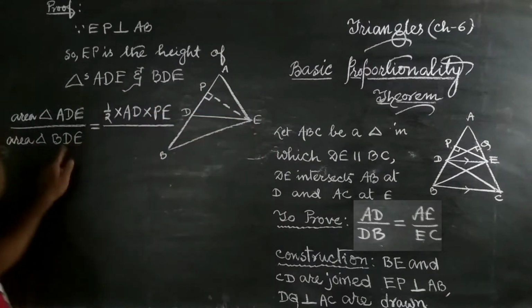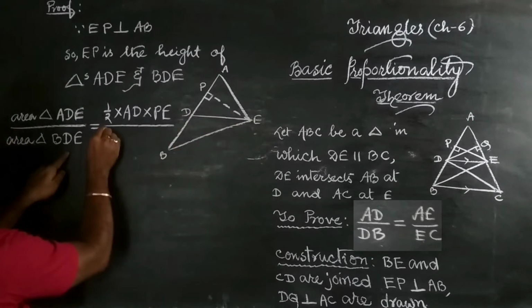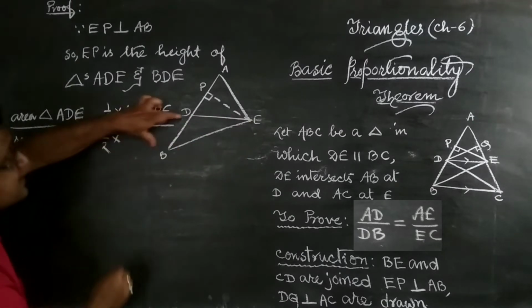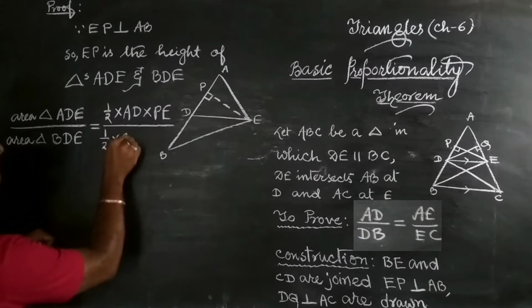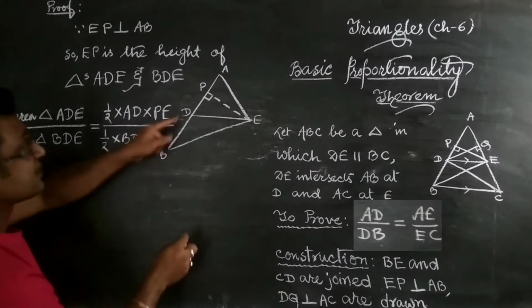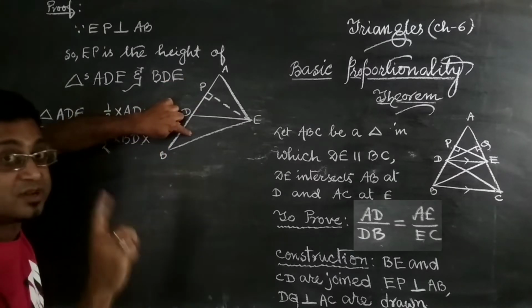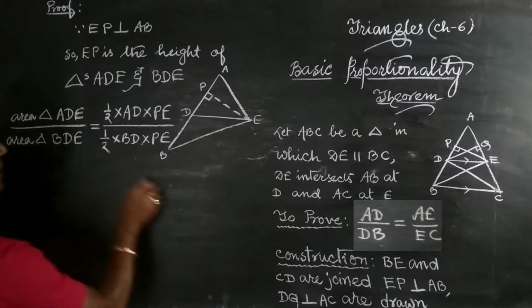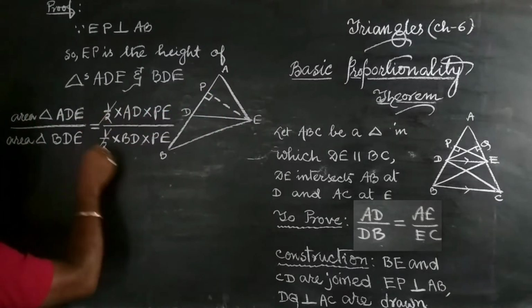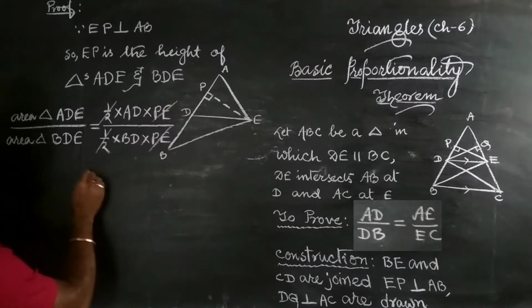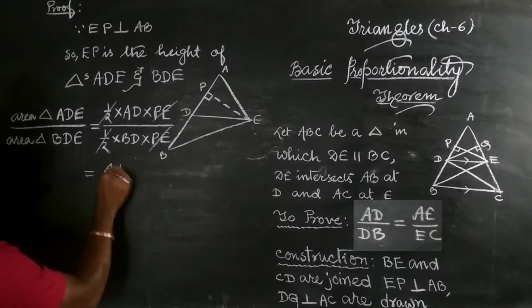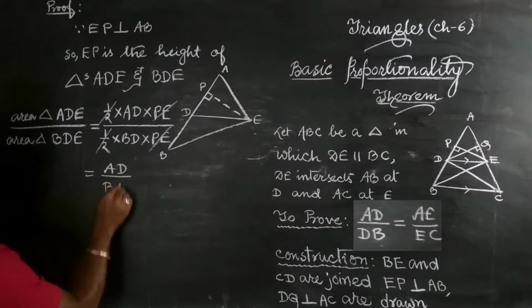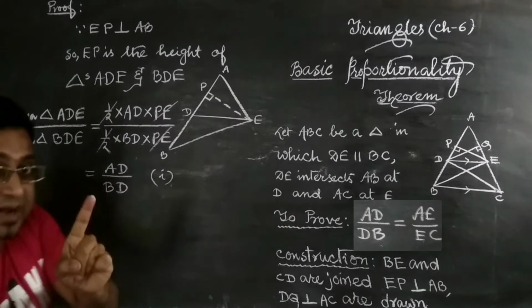Similarly, for triangle BDE, it will be half into base BD into altitude. As I told you, for both the triangles the altitude remains the same, PE. Half and half nullify, PE and PE nullify, so we get AD by BD. Let it be equation number 1.